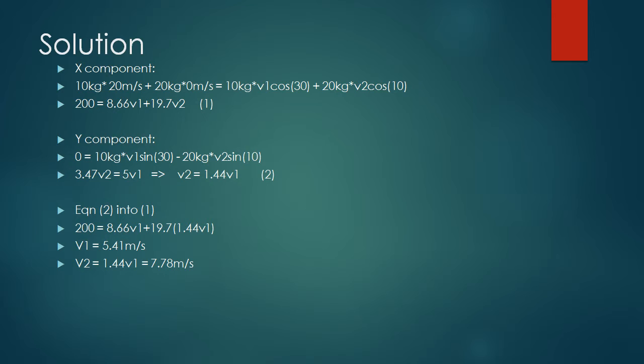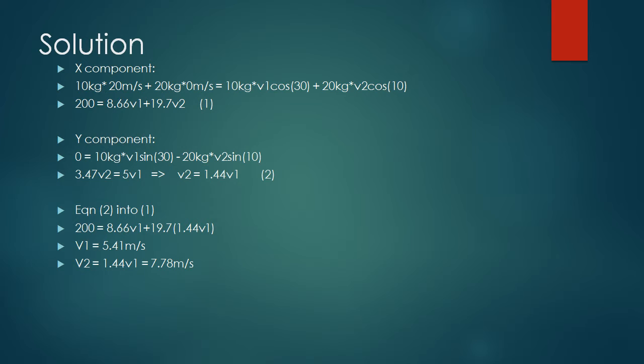If we set up on the screen as positive and downward as negative, then we have 10 kilograms times the velocity of ball 1 times sine 30 degrees, minus 20 kilograms times the velocity of the second ball times sine 10 degrees.